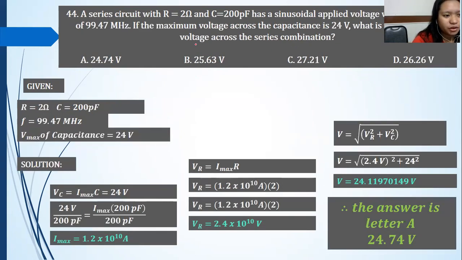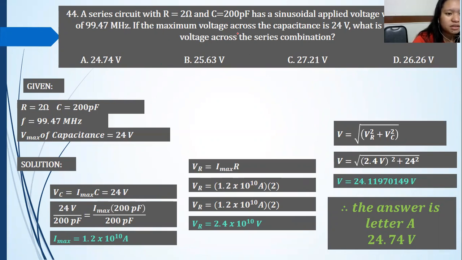Next is number 44. A series circuit with R equal to 2 ohms and C equal to 200 picofarad has a sinusoidal applied voltage with a frequency of 99.47 MHz, read as megahertz.